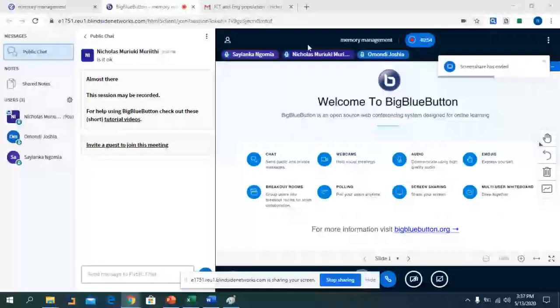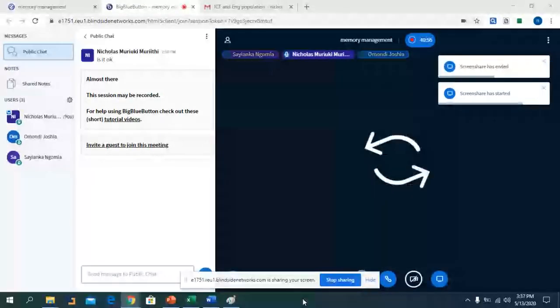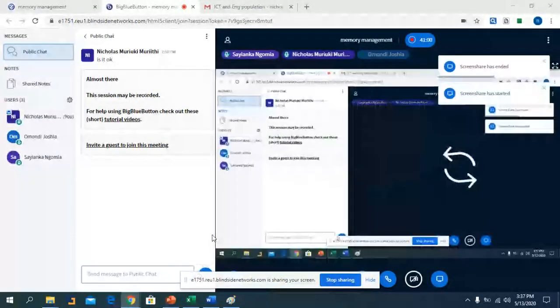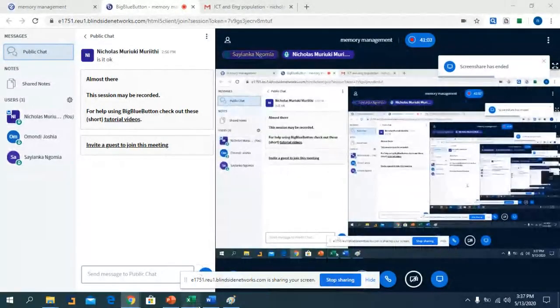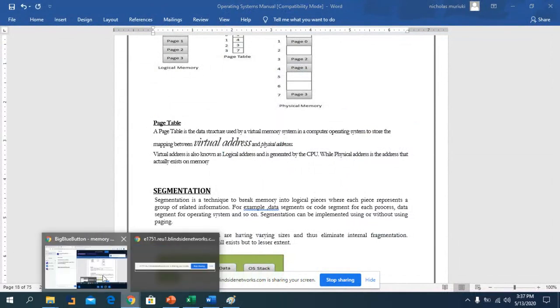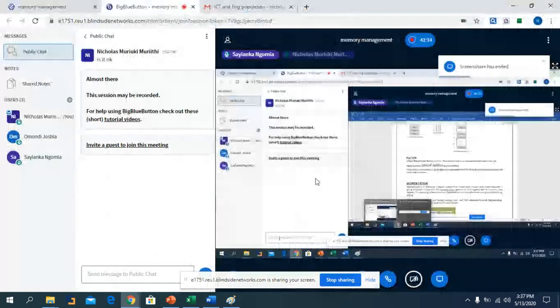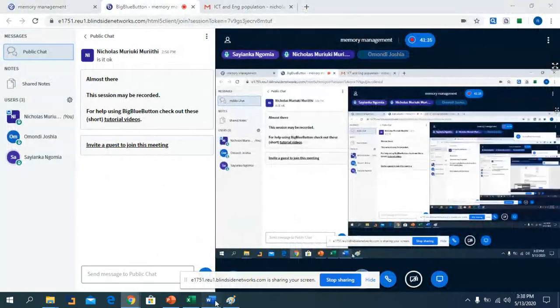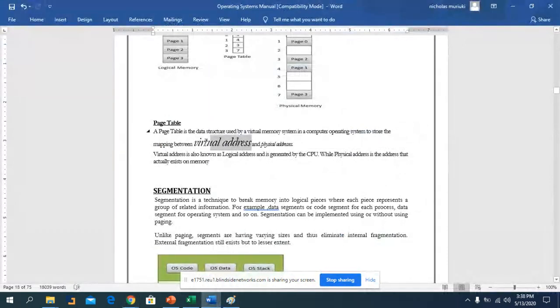Now, let me try to redirect the question again. We have talked about virtual addressing. What is another name for virtual address? This one that I'm highlighting here.